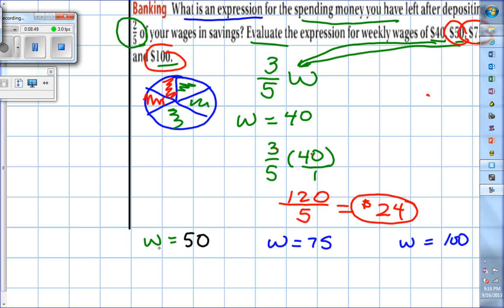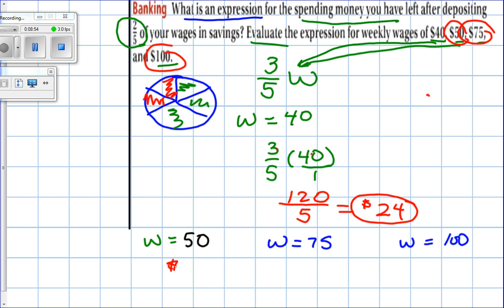When you put 50 in for W, your answer should have been $30. And when you put 75 in for W, your answer should have been $45. And evaluating this expression when W equals 100, your answer should have been $60.